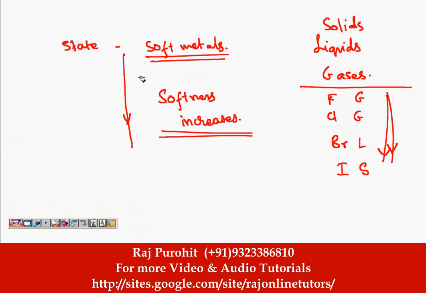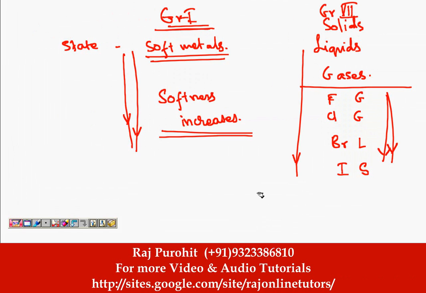But it is going to be the other way around in case of Group 1. For Group 1, as we are coming down the group, the metals' melting point and boiling point decrease, while for Group 7, melting point and boiling point increase.